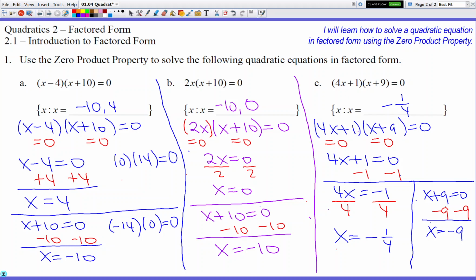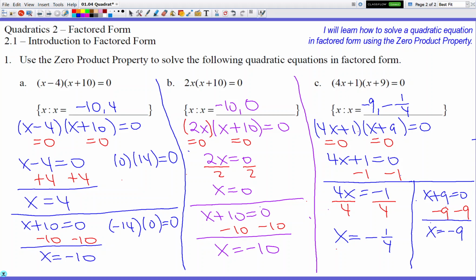So where does negative 9 go in relation to negative 1/4? Does it go on the right of the negative 1/4, or does it go on the left? So you got to remember, when you compare negative numbers to each other, you're dealing with basically the distance from 0. So negative 9 is farther from 0, so that's why it's smaller, because you're comparing two negative numbers to each other. Okay?